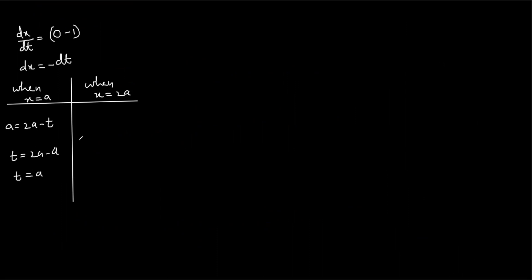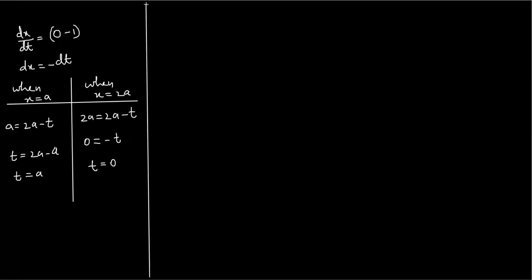So when x is a, t is a. When x is 2a, you have 2a equals 2a minus t. So 2a cancels, you get 0 equals negative t, so t equals 0. The new limits are a to 0.